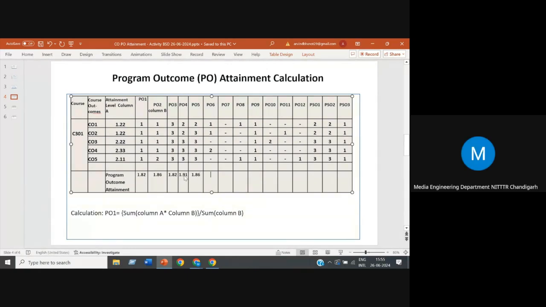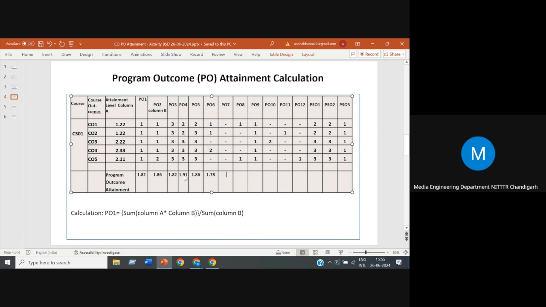Next. 1.775. Currently round off up to 2 decimal places. So 1.78. Right. Okay. Next, please.